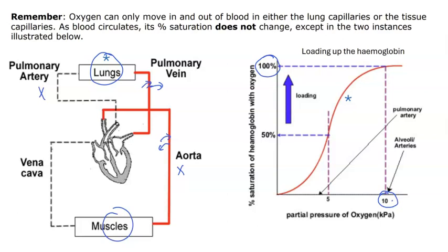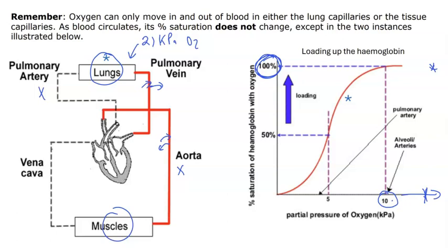And then recall that in the lungs, the standard partial pressure of oxygen is 21 kilopascals, and therefore on our axis would be way down this end here. And so when blood has been to the lungs, it is 100% saturated with oxygen.